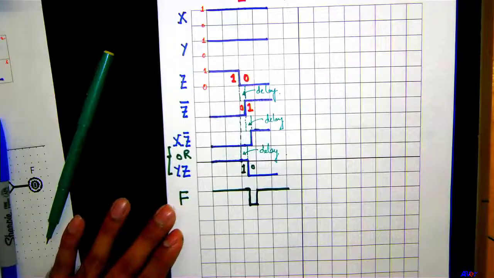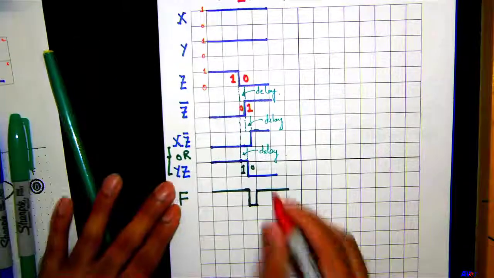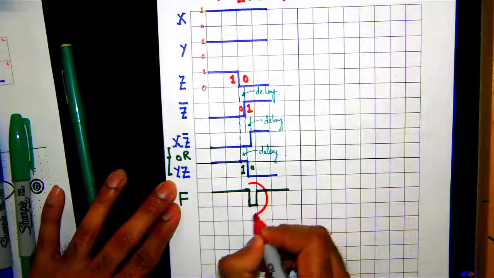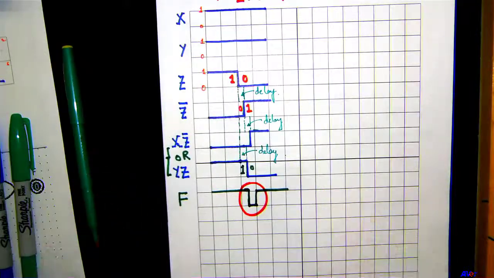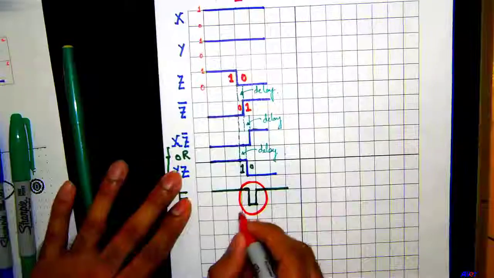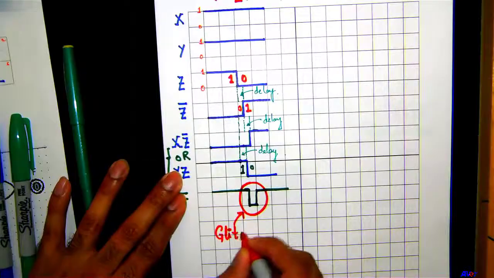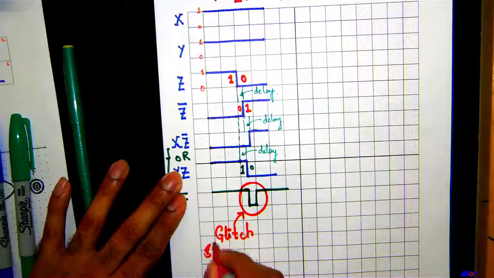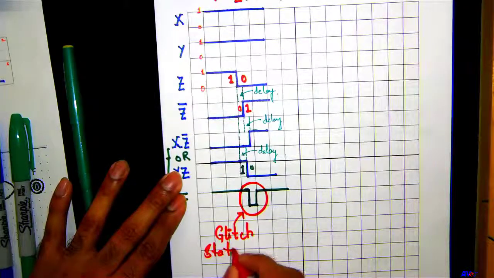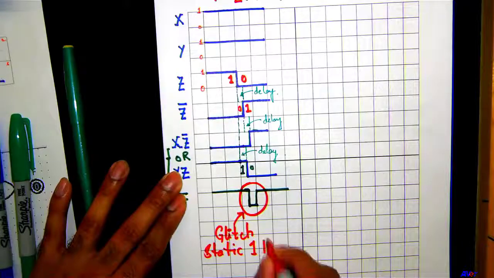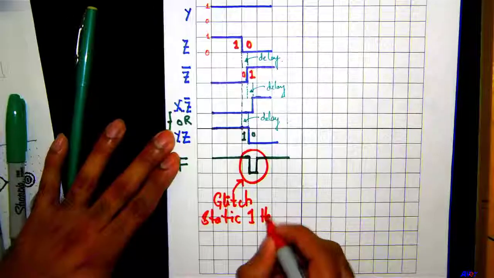So what's happening here is that when my F was supposed to be 1, it went to 0 for a very small time and came back to 1. This is what we know as a glitch in our system. This is also referred to as a static 1 hazard.